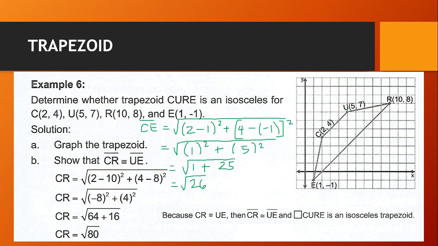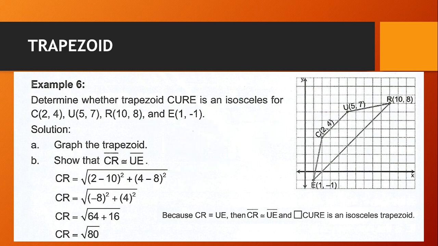So, mag-expect ta nga ang UR is square root of 26 pod. Okay? To prove that this trapezoid CURE is an isosceles trapezoid. So, ari na ta sa UR.